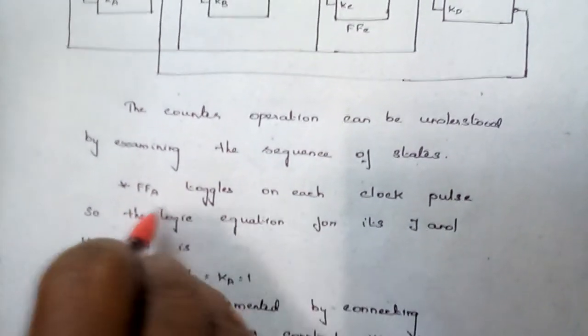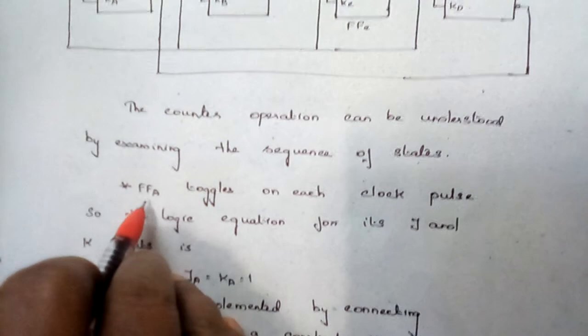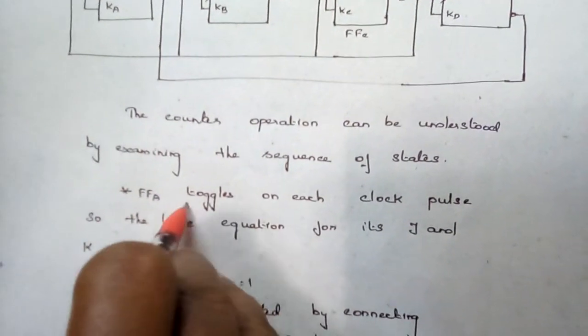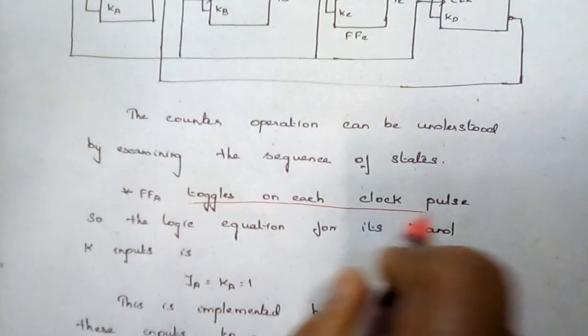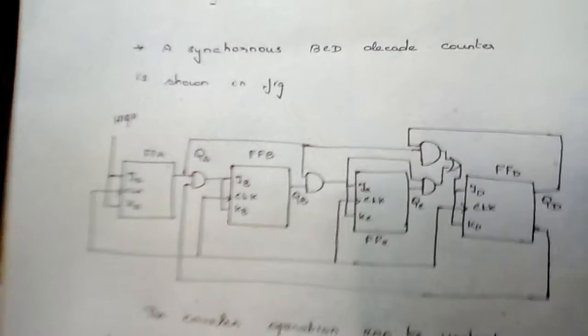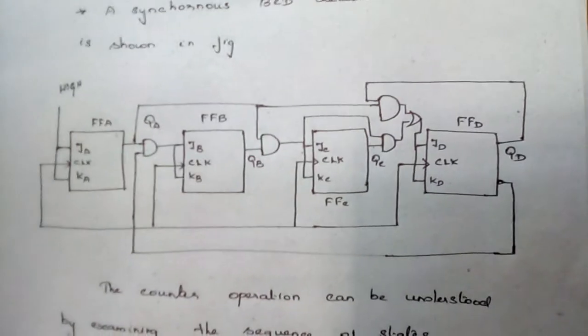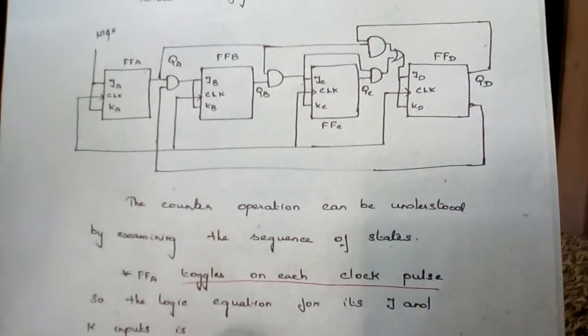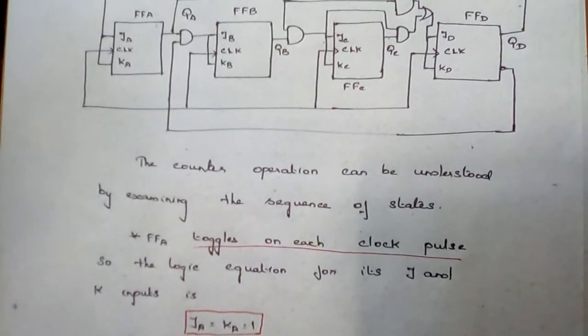Let us examine. Initially, as discussed earlier, flip-flop A toggles on each clock pulse, that means the pulse provided here. So the logic equation for its J and K inputs is JA = KA = 1. For this logic, it automatically toggles, that means it changes its state.